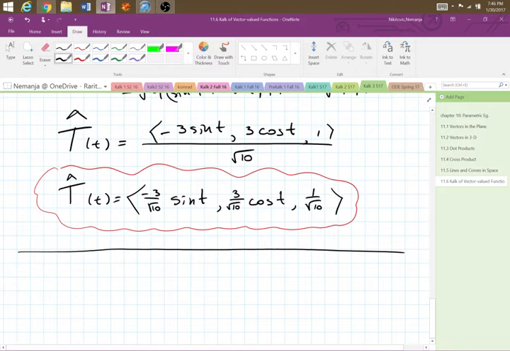Tangent line. Now this tangent line has a direction vector, right? That's this guy. So at each point along this curve, this tangent vector is going to have a different orientation.